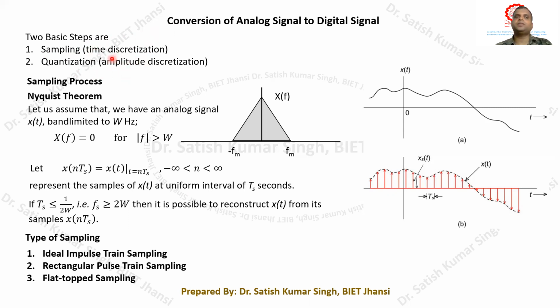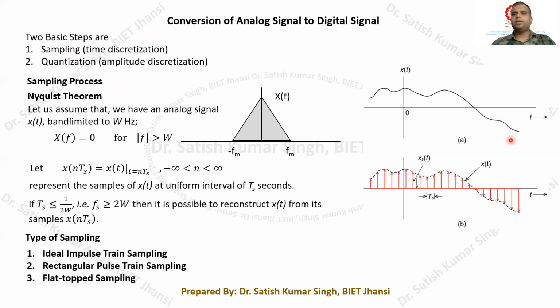So sampling means we are doing the time discretization of the signal, and quantization means amplitude discretization of the signal. So let's say we have any arbitrary analog signal x(t), not necessarily periodic or non-periodic.